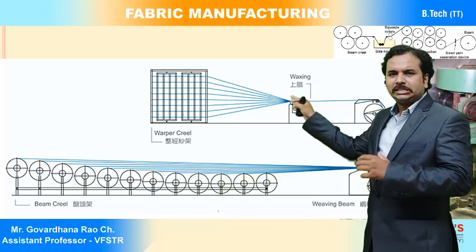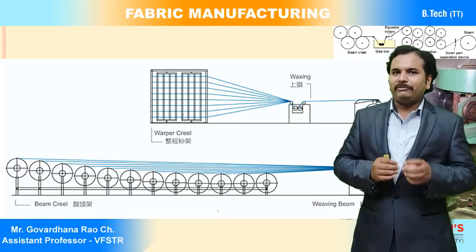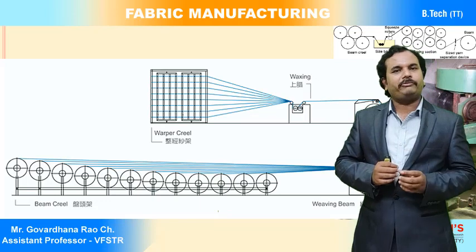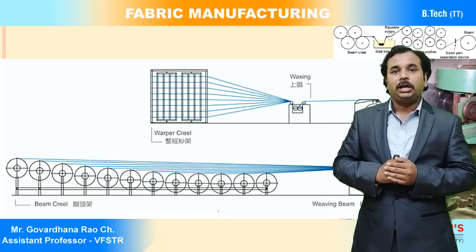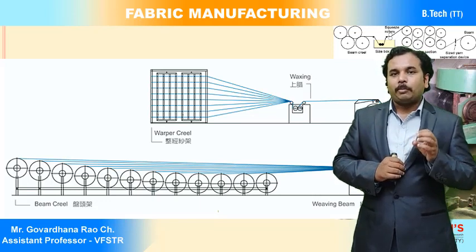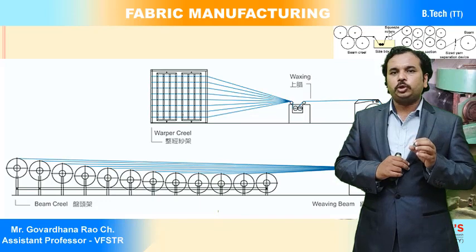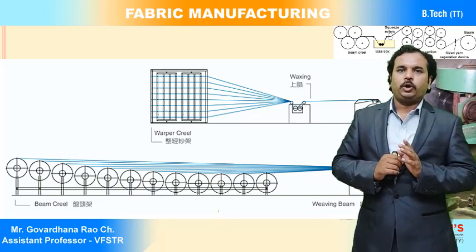The creel stand and everything is common, and we have a driving mechanism for these types of creels. Separate drives, like servo motor drives, are present in the creels so that the free rotation, or the amount of warp withdrawn from the warper's beams, is maintained.